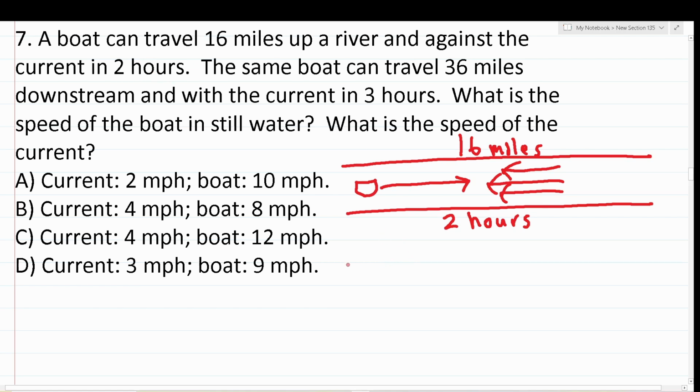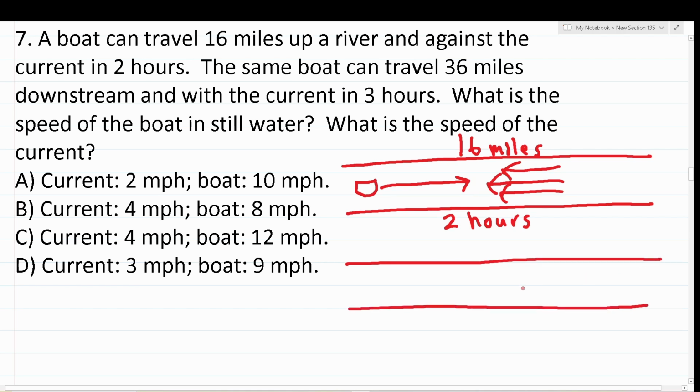Additionally, we were told that the same boat can go 36 miles downstream with the current in 3 hours. Right, so here's our boat. It's sitting in the river, and in this case, it's going downstream, which means that the current is going with it.